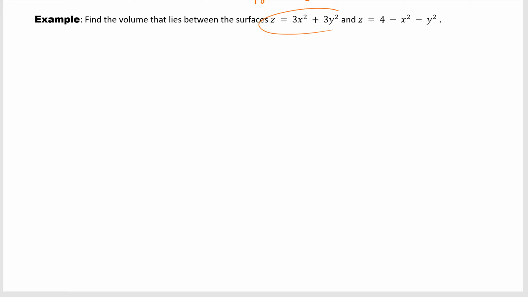Well, this one is a paraboloid that opens up and passes through the origin, so it looks like this. And the other one is also a paraboloid, but it opens down. And when it crosses the xy plane, we get 4 minus x squared minus y squared equal to 0.